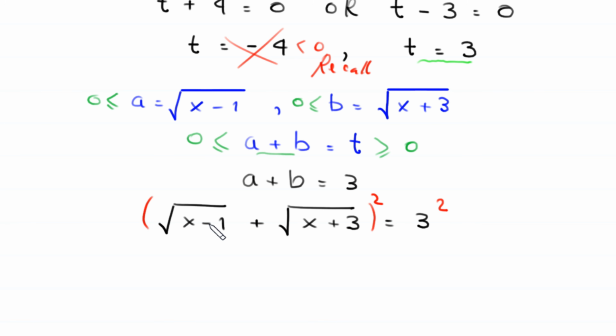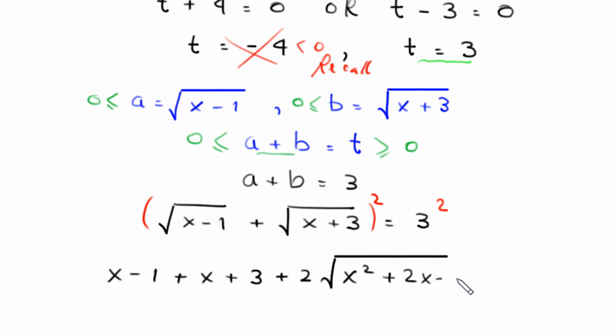So this left hand side will become x minus 1 plus x plus 3 plus 2 times square root of this x minus 1 times x plus 3 will become x squared plus 2 times x minus 3 equal to 3 squared is 9.